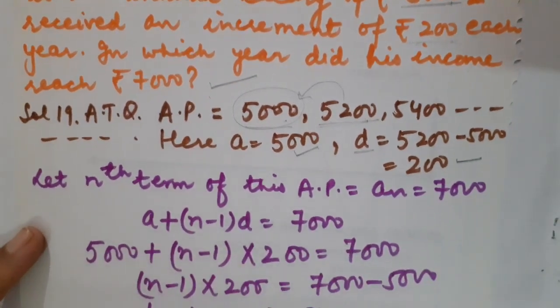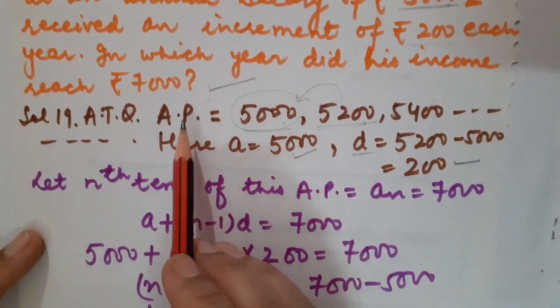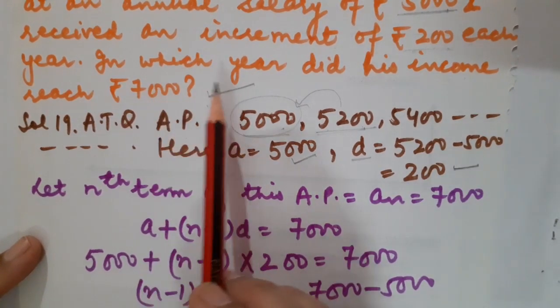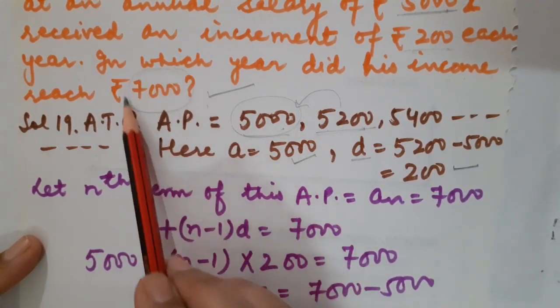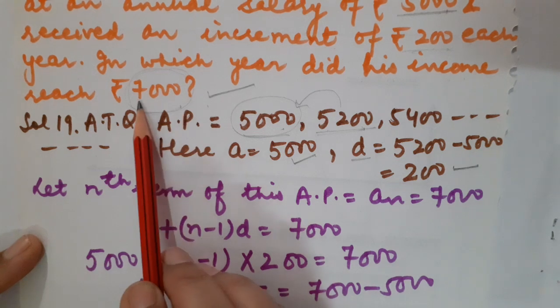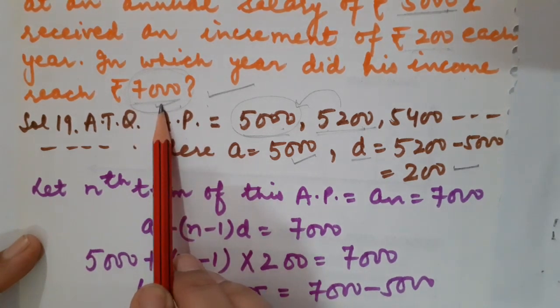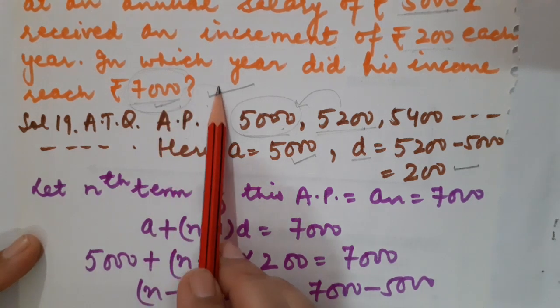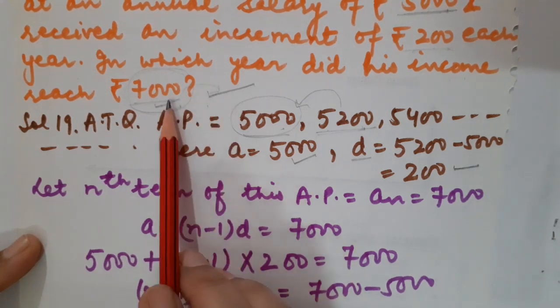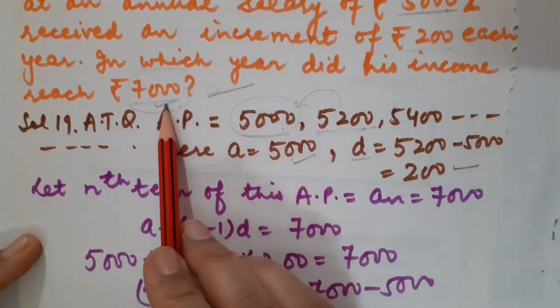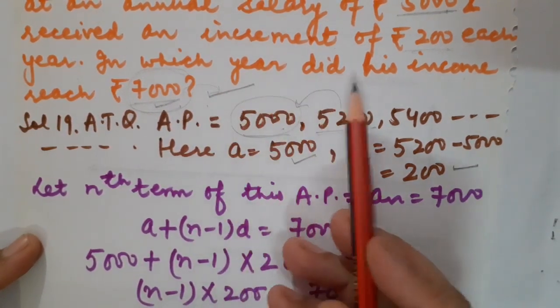Correct. Now children, see what you have to do basically. You have to tell in which year the person was going to get the salary as 7,000. So this one will be considered as the last term of the AP. Fine, because after that it is not demanded. Definitely in the succeeding years he may get 8,000 also, he may get 9,000 also.